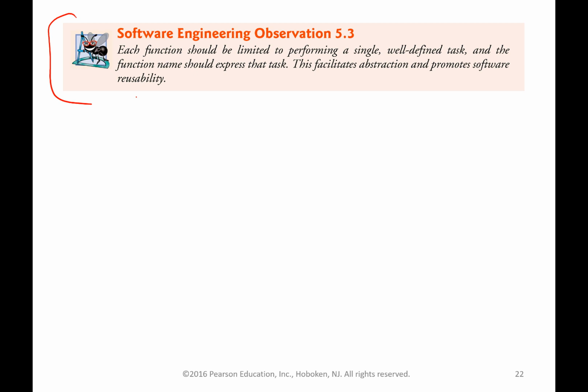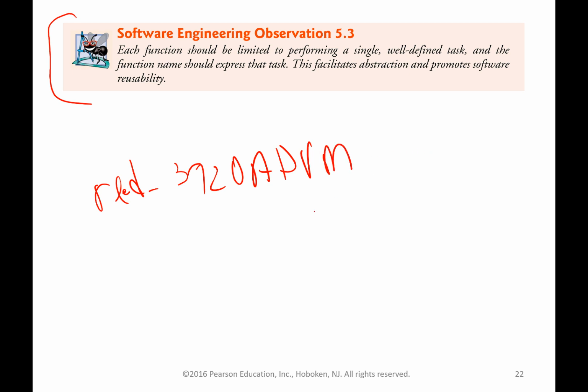So if I have a function that's going to read a digital multimeter, I might name it read 3920A DVM. So this is going to read a digital multimeter.